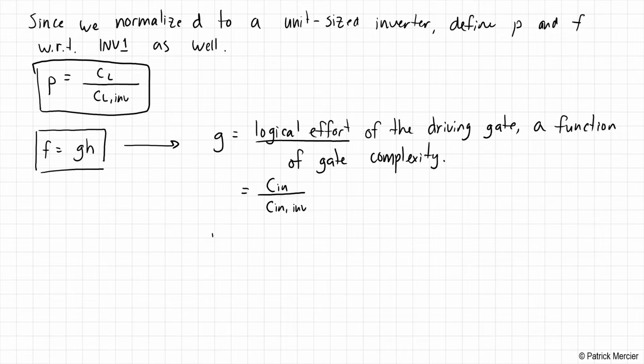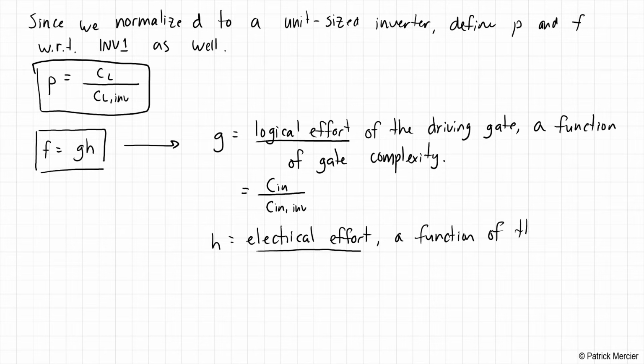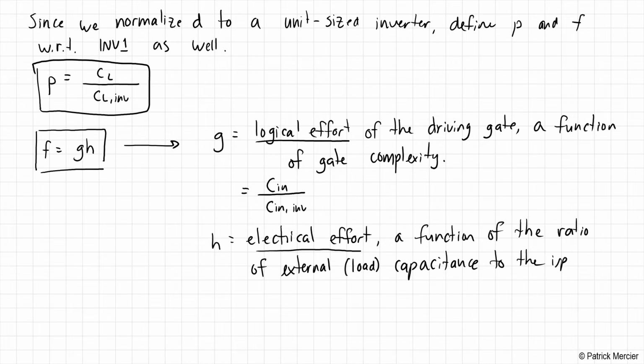Now, H is what we call the electrical effort, which is a function of the ratio of external, or in other words, load capacitance to the input capacitance of the driving gate.